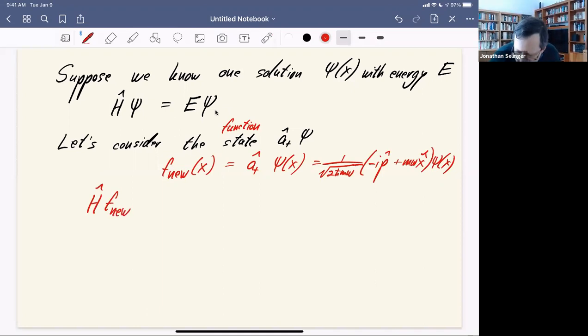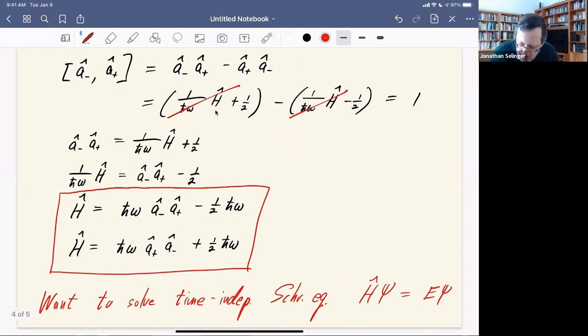That is equal to the Hamiltonian acting on A plus acting on psi, because f nu is A plus psi. Now, let's use one of our expressions for the Hamiltonian. How about the second expression for the Hamiltonian right there?